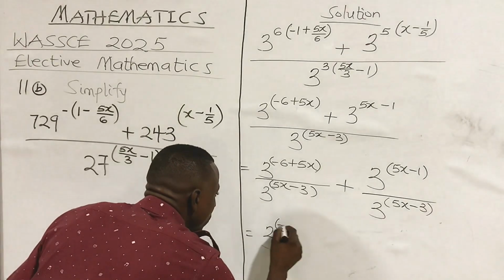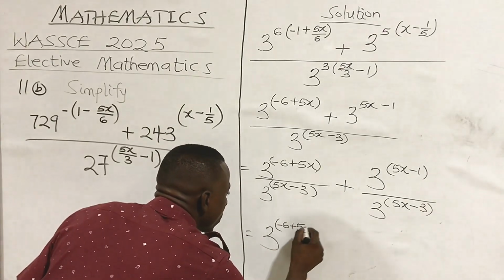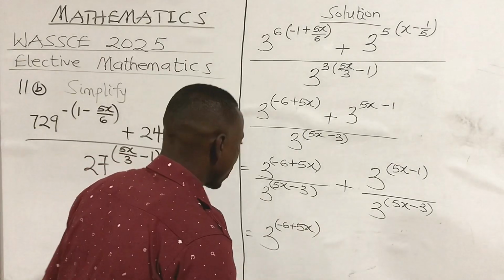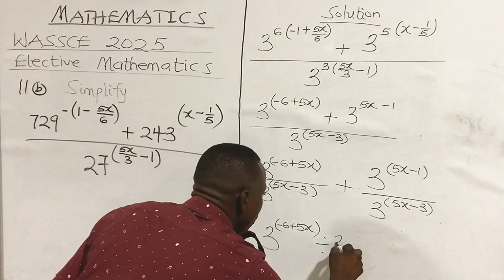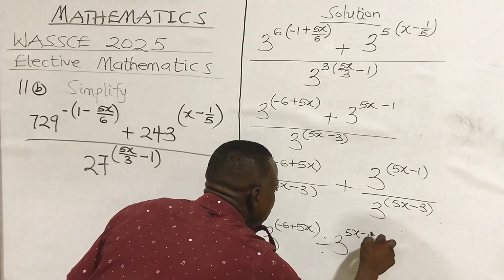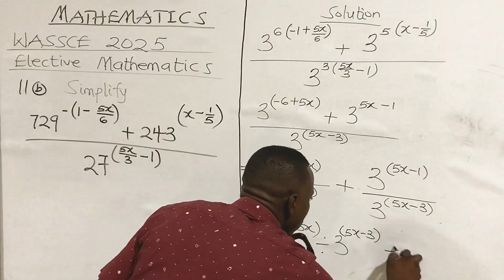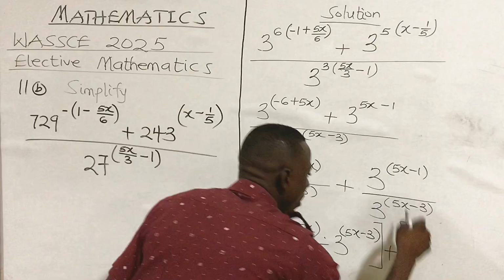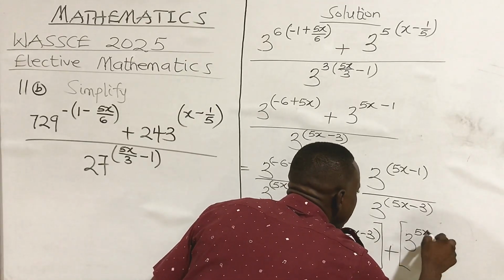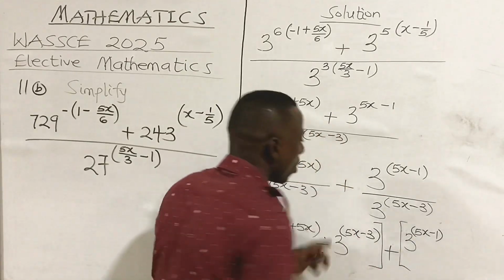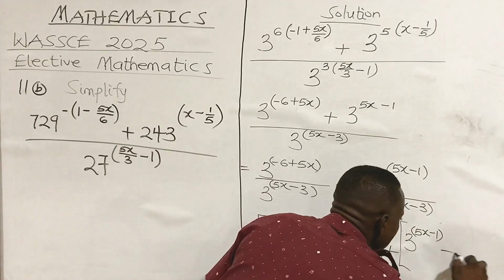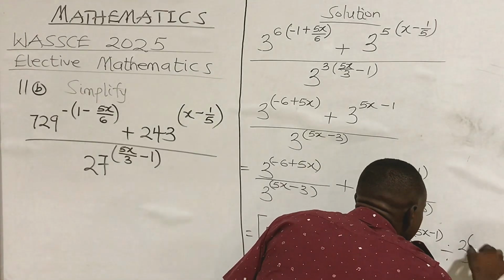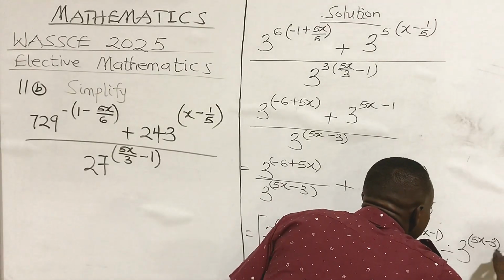So I have 3 exponent negative 6 plus 5x divided by 3 exponent 5x minus 3, plus 3 exponent 5x minus 1, which we can just rewrite as division, divided by 3 exponent 5x minus 3.